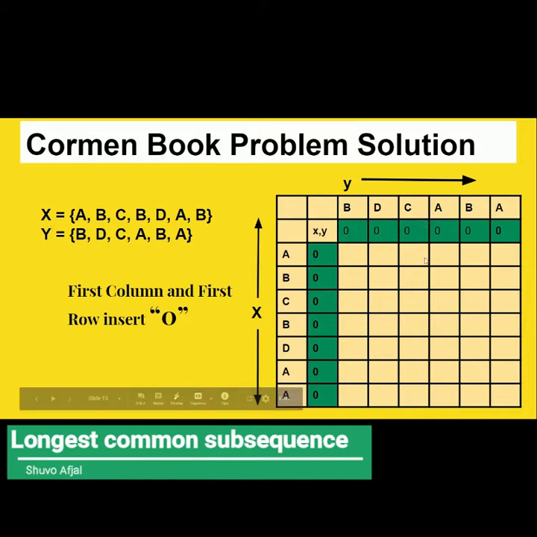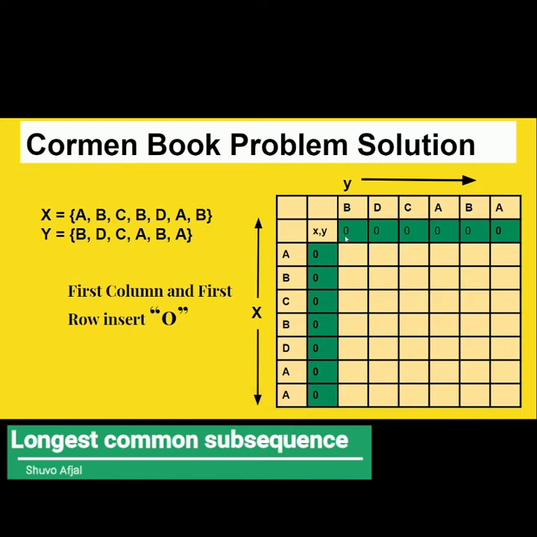We are going to make a table, and in this table we put the elements of y in the row: B, D, C, A, B, A, and we put the elements of x along the column.